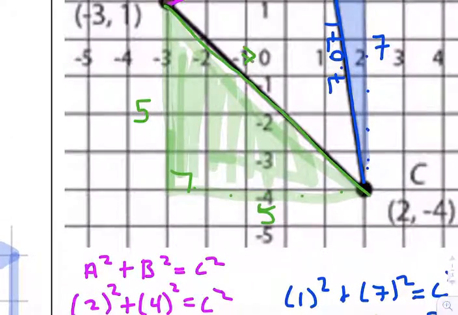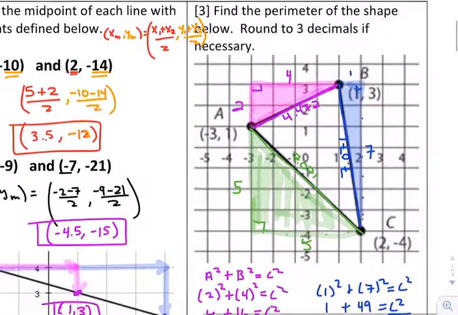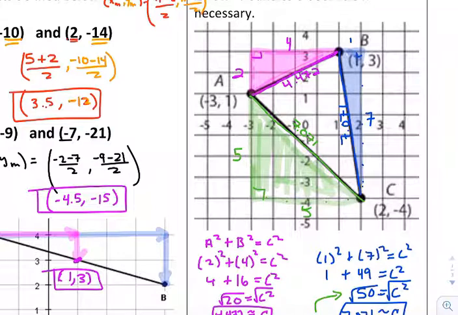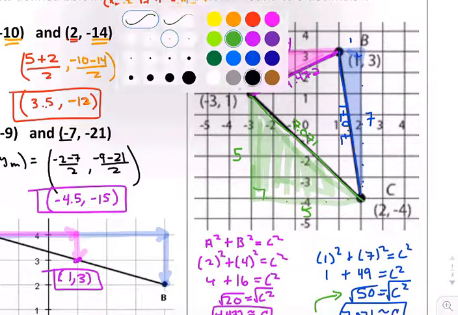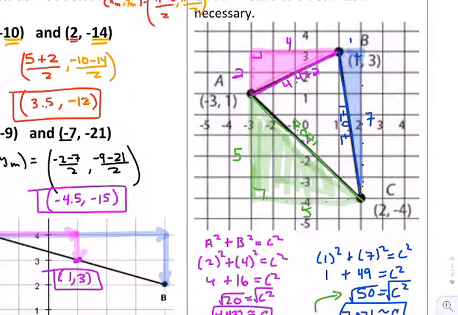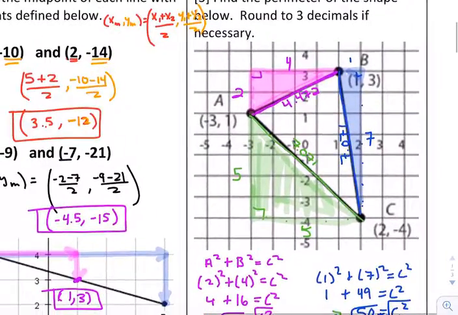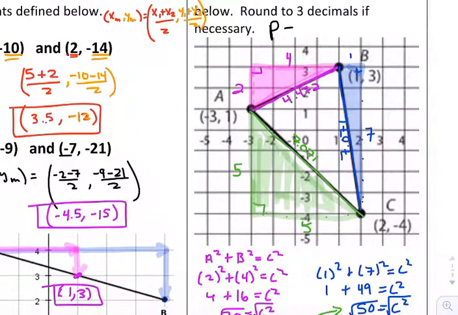So this actually makes our triangle an isosceles one, because we do have two lengths that are the same, the blue and the green. So to find the perimeter, we just have to add these together. And so the perimeter of this shape, when you add all three lengths together, the perimeter, which I guess I'll write right here, the perimeter is equal to 18.614.